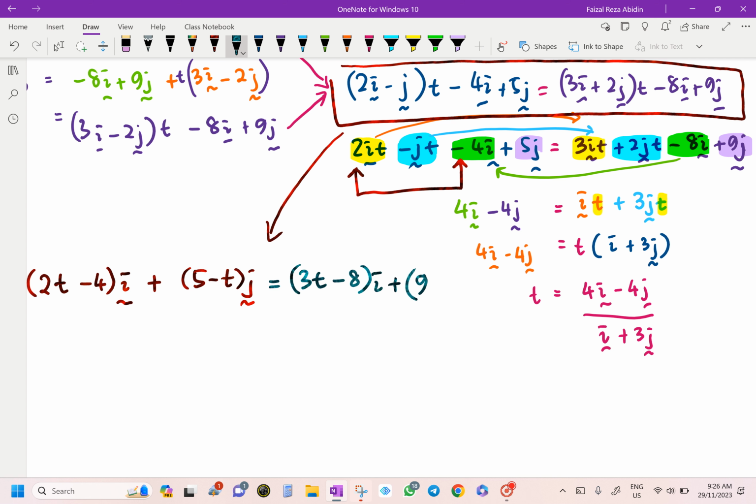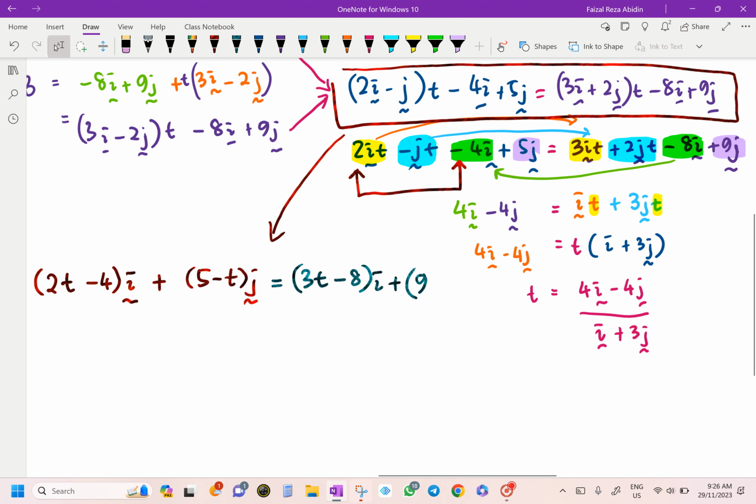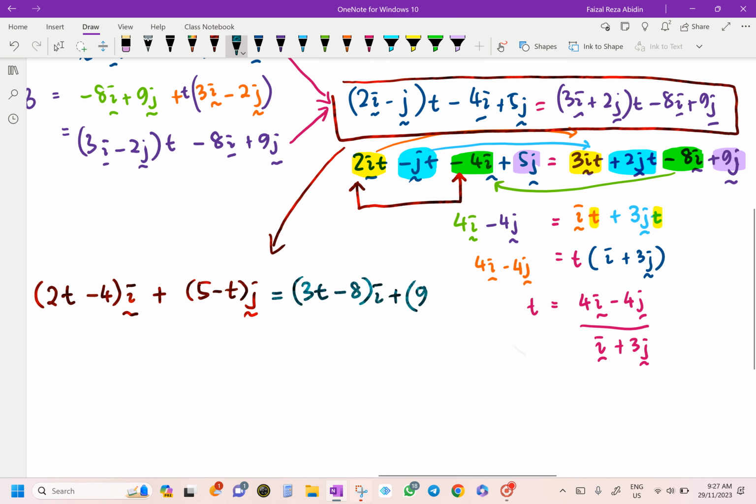Kejap. Negative 8i plus 9j. Oh, 9 lah. 9 minus 2j. Betul. Aku dah salah dekat sini kelas.